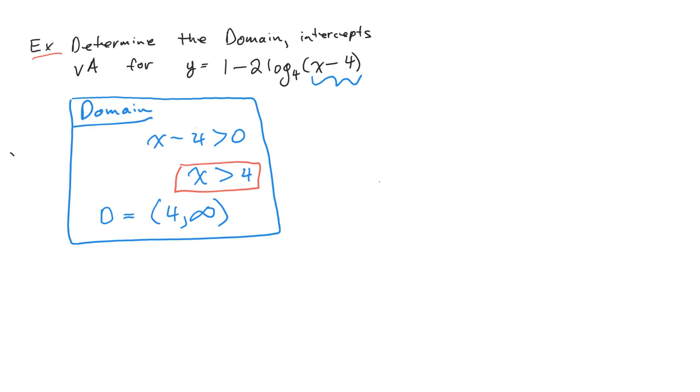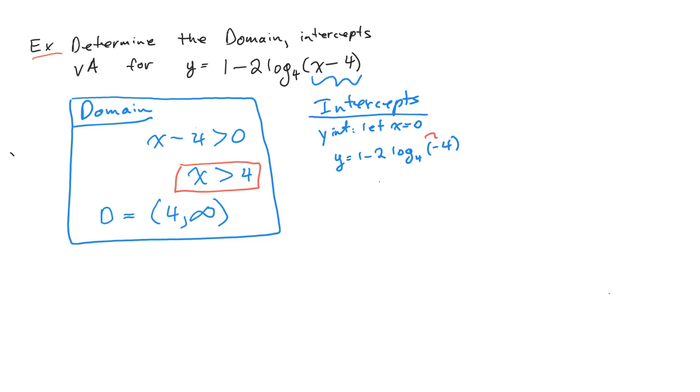And so now let's take a look at our intercepts. When we want the y-intercept, we want to let x equal 0. So when you do that, you're going to get y is equal to 1 minus 2 log base 4 of negative 4.